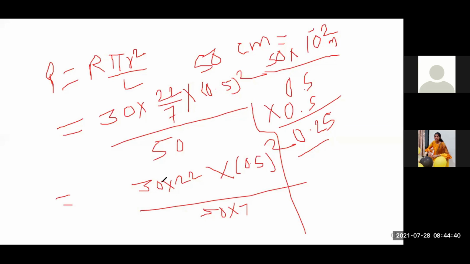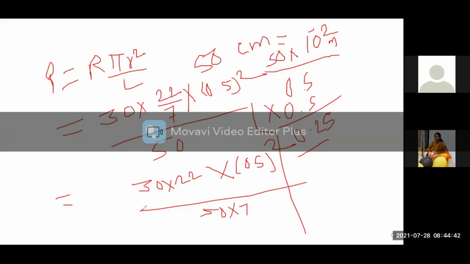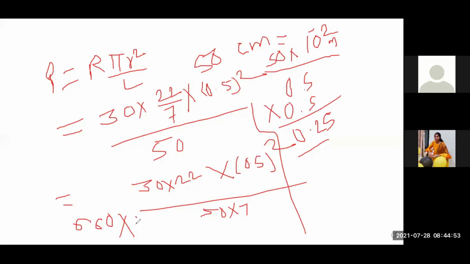So 30 into 22, what will we get? 660. Because 22 threes are 66. This 0 we can write as it is. And then we have got here 0.25. Then divide by this 50 into 7.